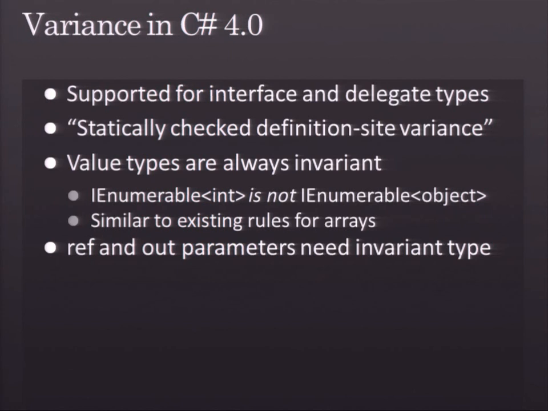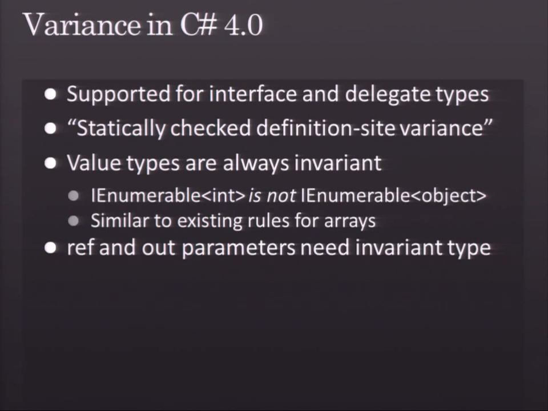You can't treat an int array as an object array, and neither can you treat an IEnumerable of int as an IEnumerable of object. And then finally, ref and out parameters require an invariant type, because, strictly speaking, out parameters don't have an inside, but the way they're implemented in the CLR are just as ref parameters with a bit on them.